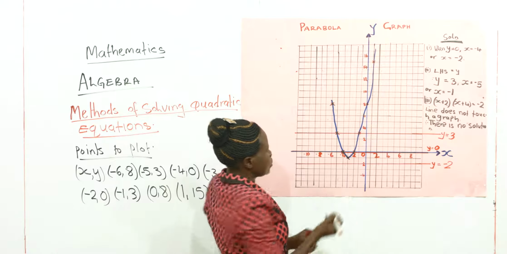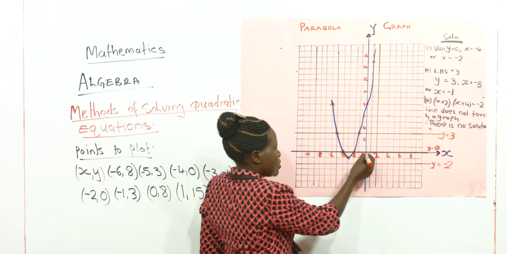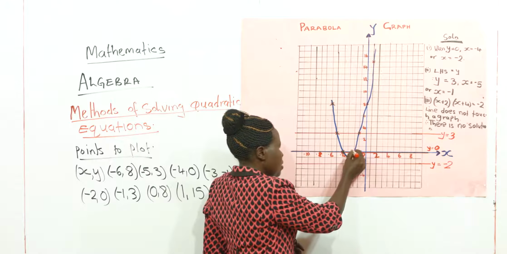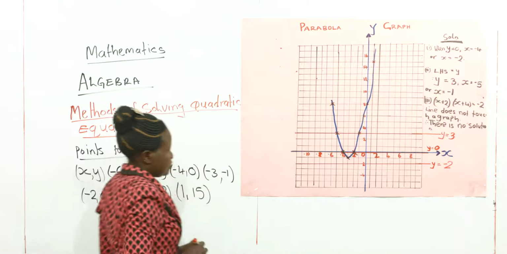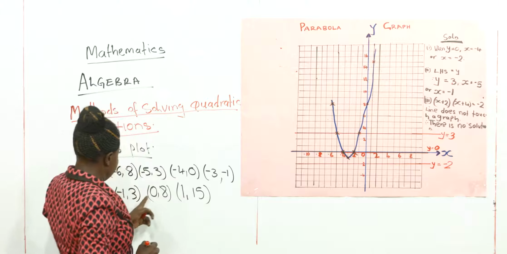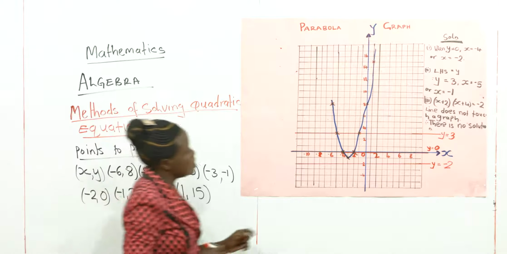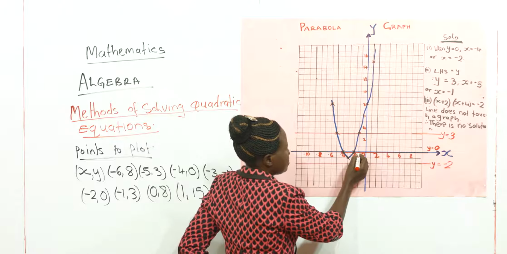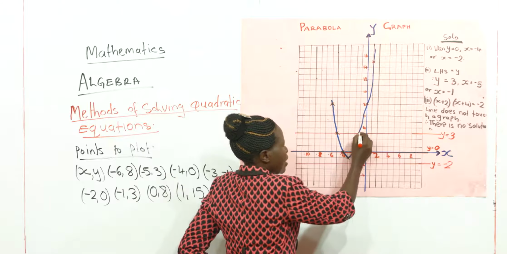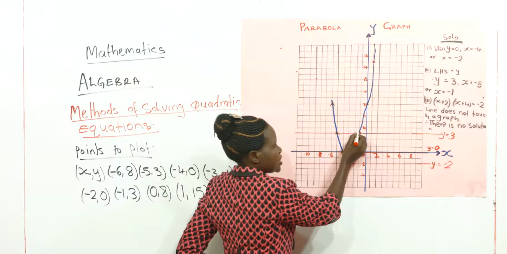Negative 2 is here, and 0 on the y-axis will still be on the same line of x. Then we have the next one, which is negative 1 and positive 3. From 0 here we have negative 1, then we follow it upward to the y-axis where positive 3 is. We mark it there.